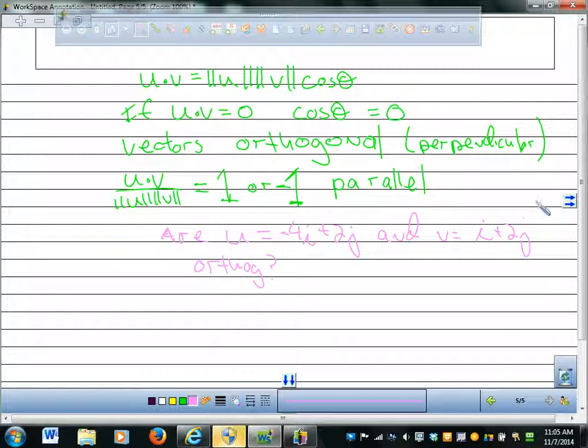It's a question. Okay? So, orthogonal. You find the dot product, which in this case is negative 4 times 1 plus 2 times 2, which gives you out 0, which means these are, what's true? If the dot product is 0, then they're orthogonal, okay?